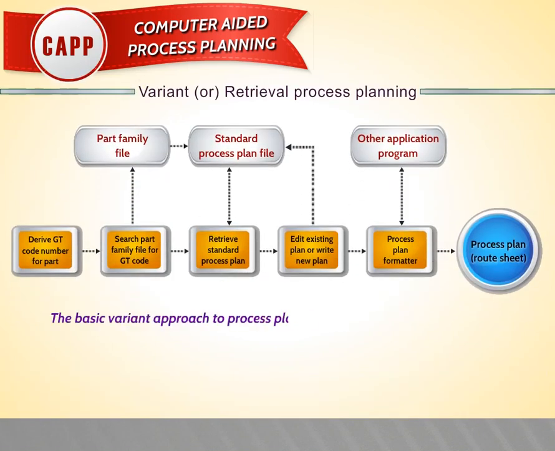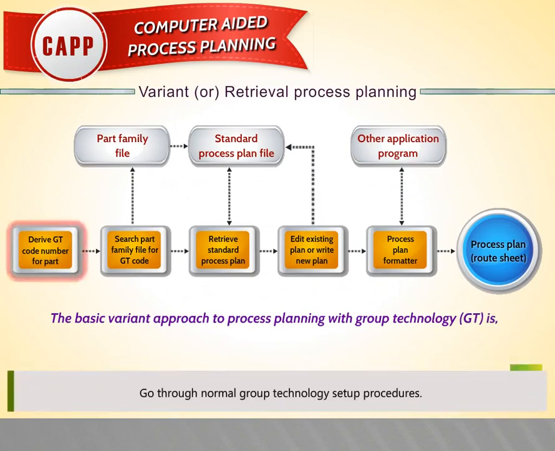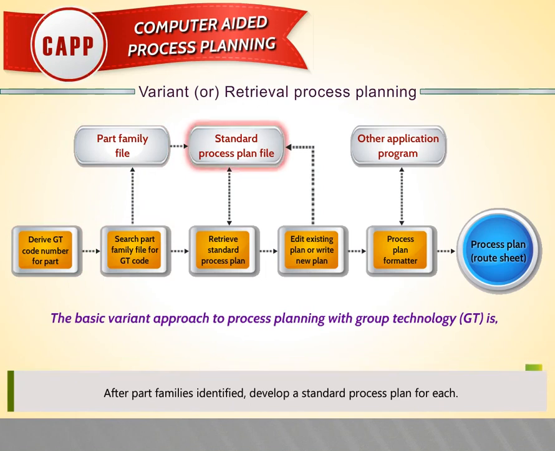The basic variant approach to process planning with group technology, that is GT, is to go through normal group technology setup procedures. After part families are identified, develop a standard process plan for each.